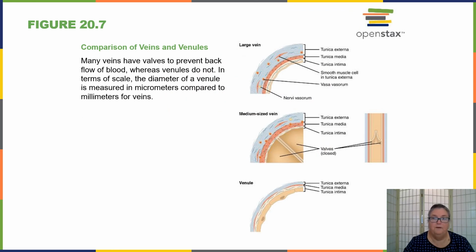And there is a comparison of veins and venules. Many of the veins have valves to prevent the backflow of blood, particularly in our legs. Venules do not have these valves. So remember that in the veins, the blood is at low pressure. So to move it back, we're using the movement of muscles in the body.